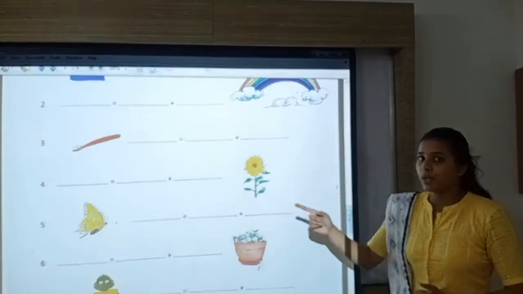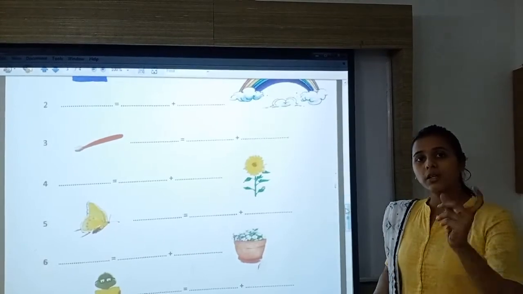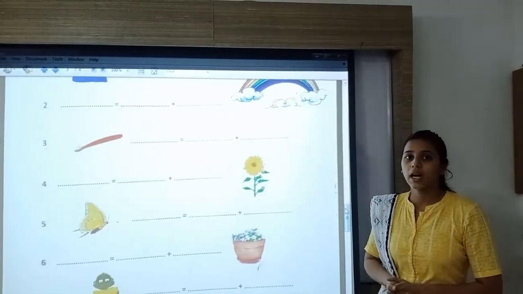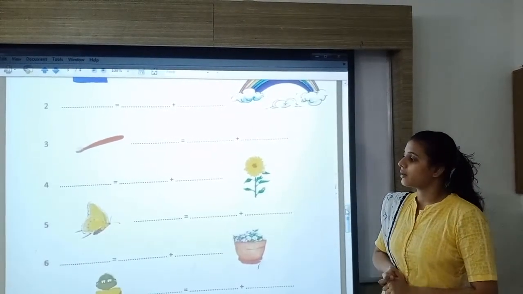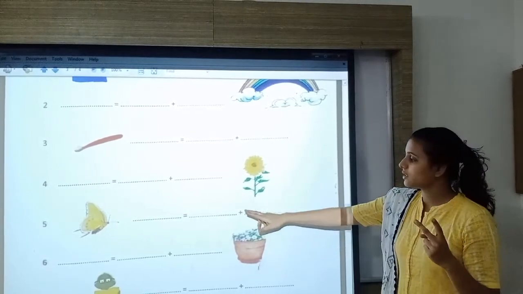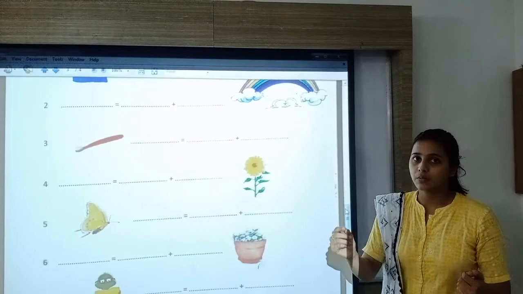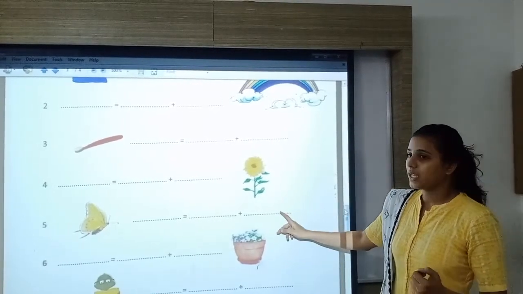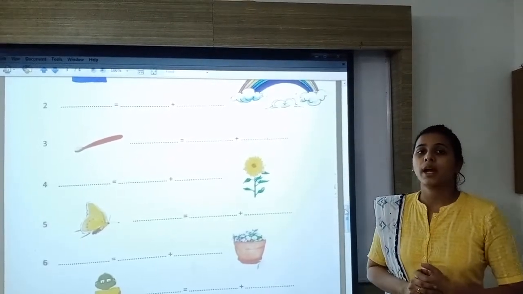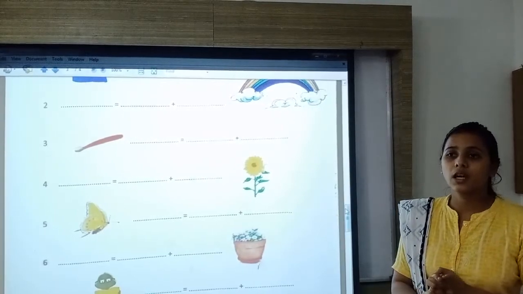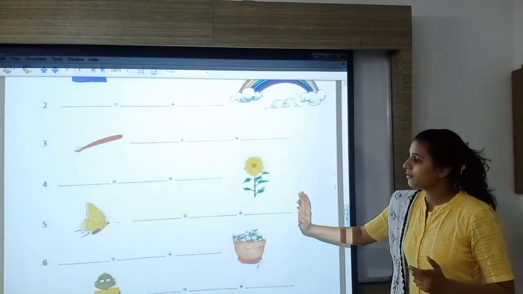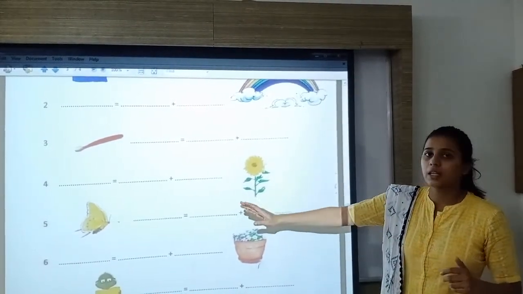Next is butterfly. Now the word butterfly is also a compound word. How is it made? It is made up of two different words, butter and fly. Butter is an edible thing and fly, that is an insect. By adding these two different words, a new word is formed, butterfly, that means tickly.